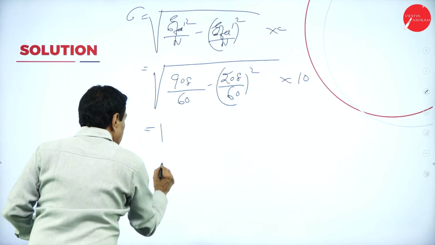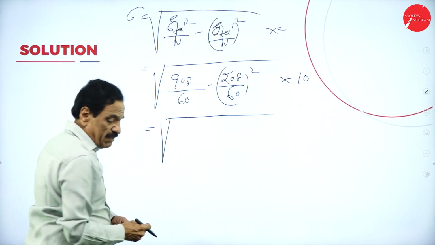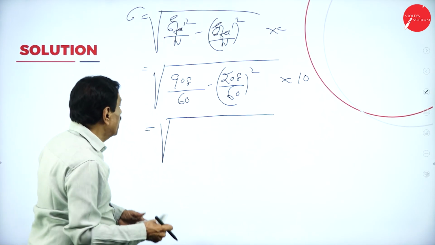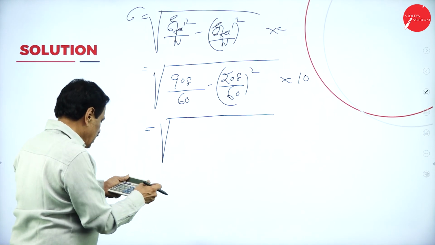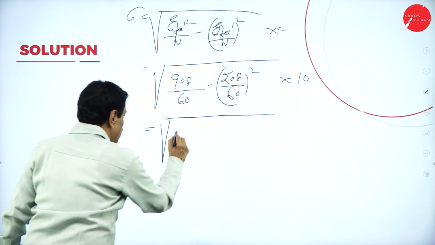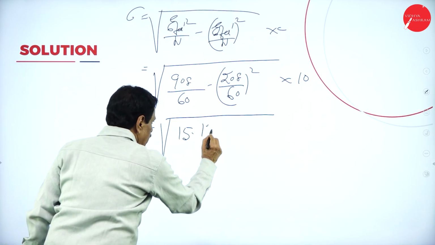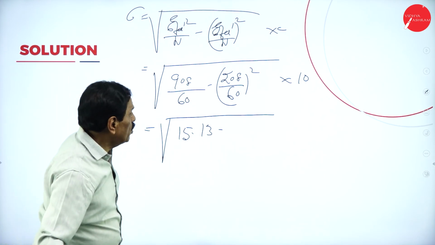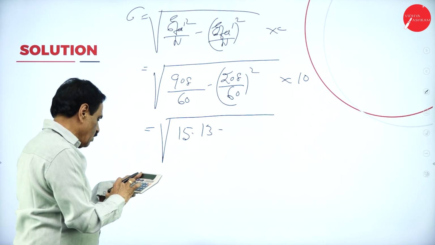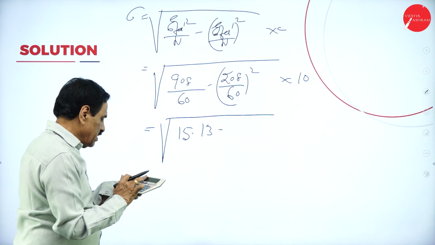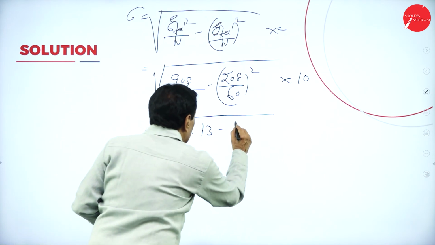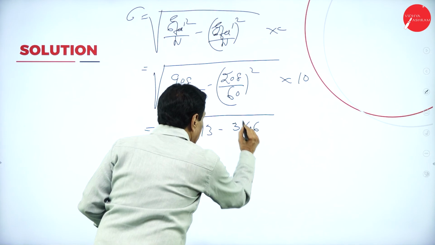Simplify. 908 divided by 60 is equal to 15.13, minus 208 divided by 60, which is 3.46, whole square.